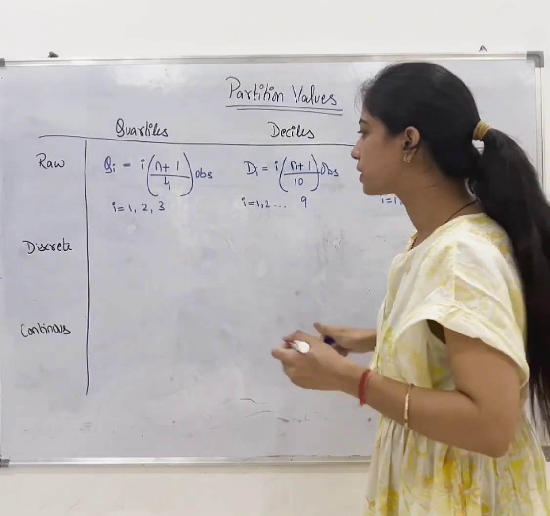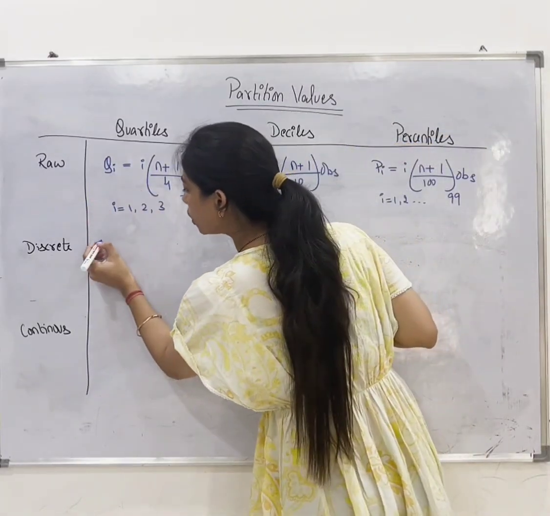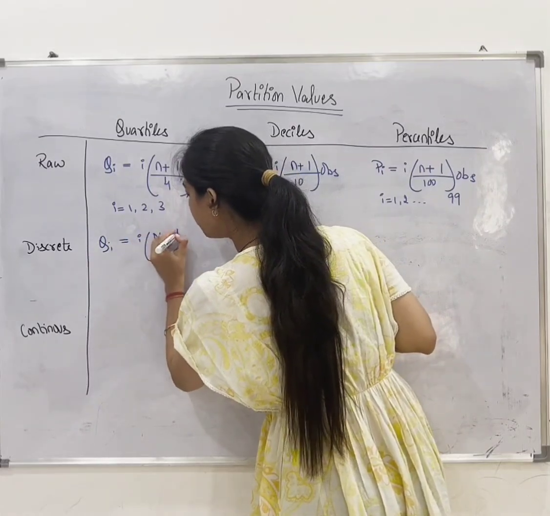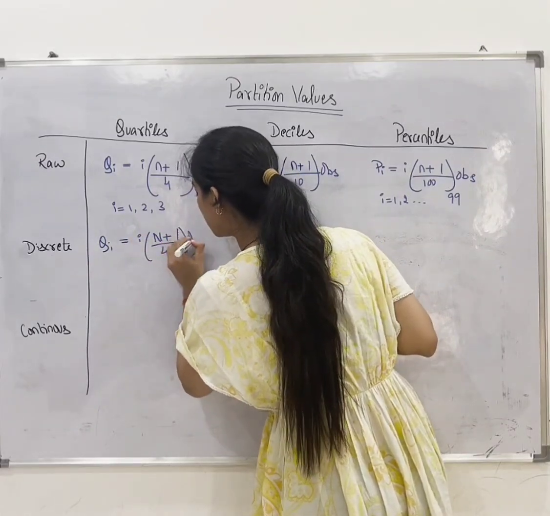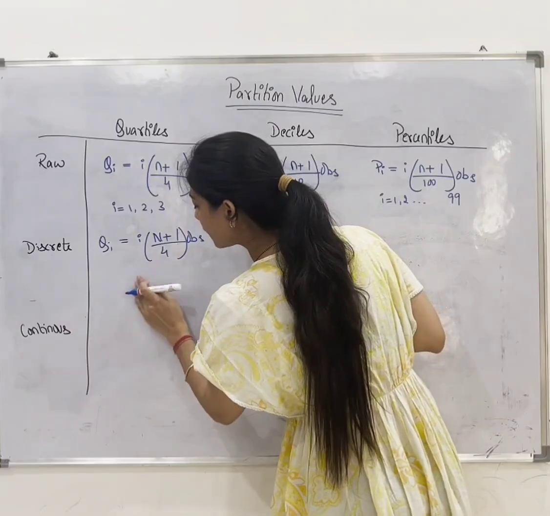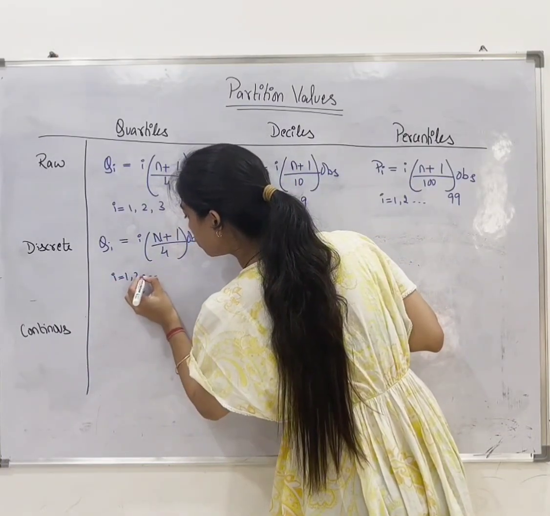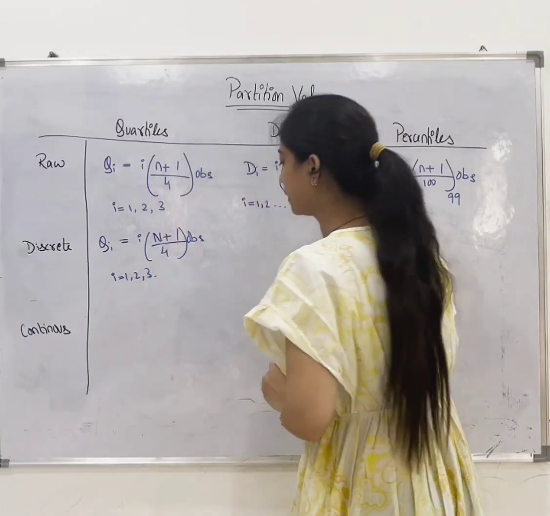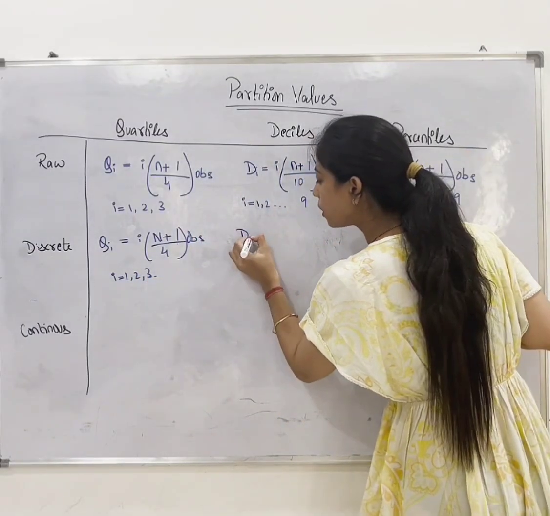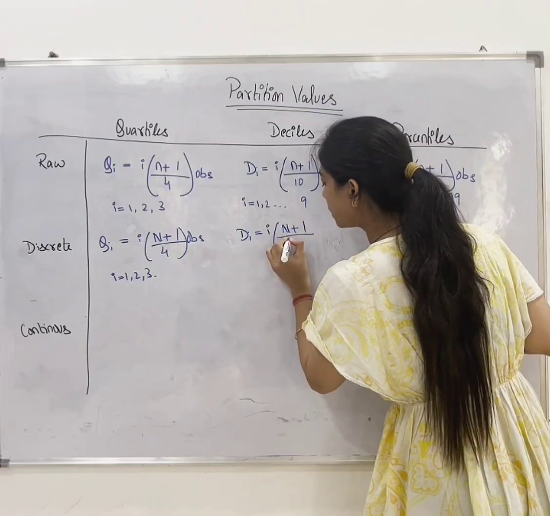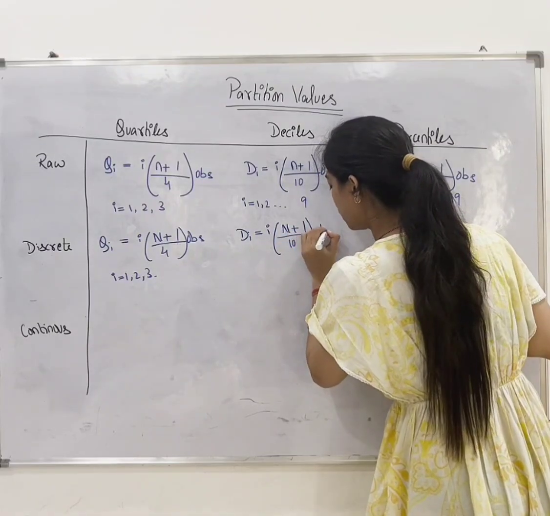Now coming to the discrete data, quartiles will be written in the form of i(N+1)/4th observation. And in this case, again, I will take the values 1, 2 and 3. Talking about deciles, i(N+1)/10 observation.